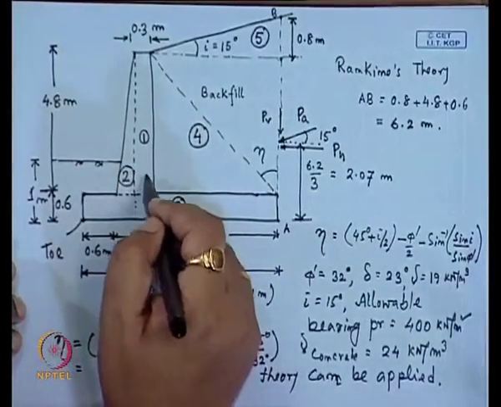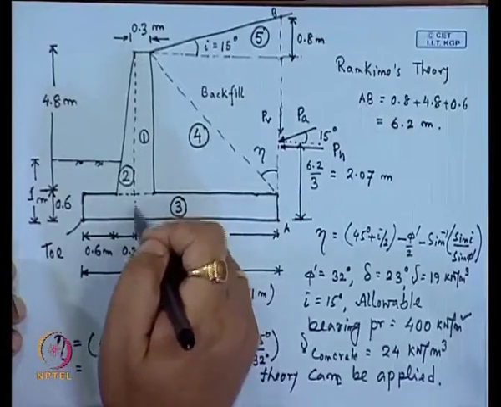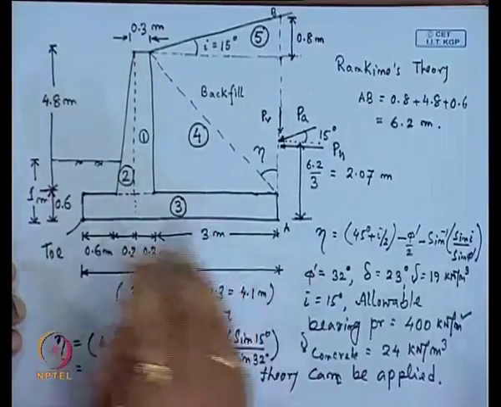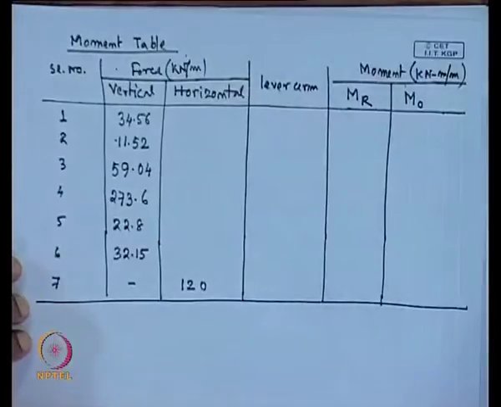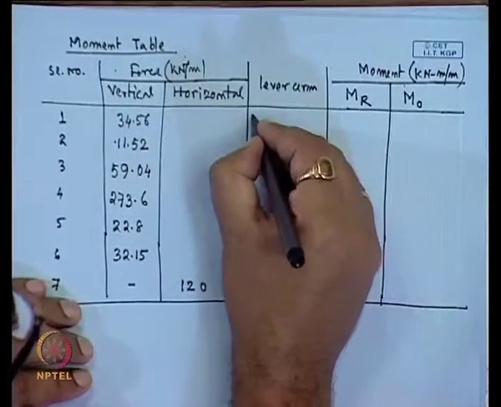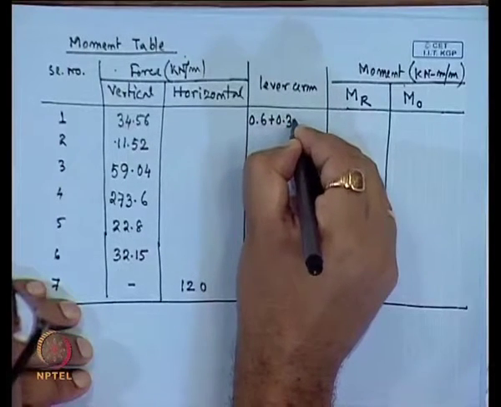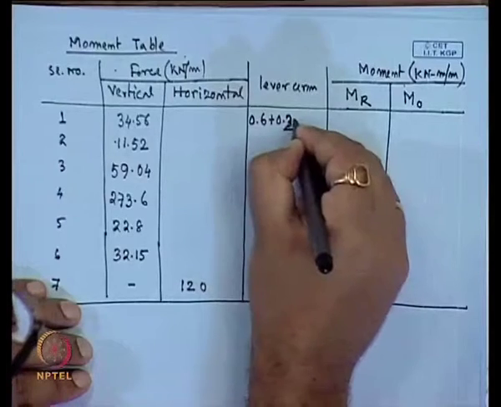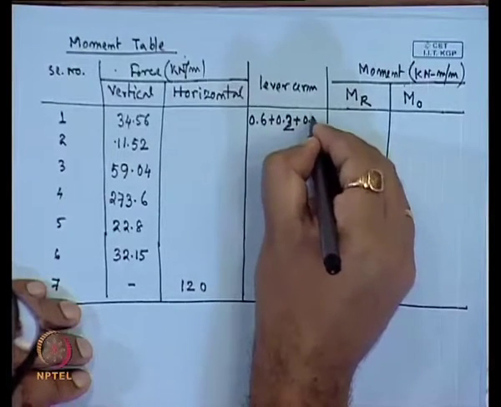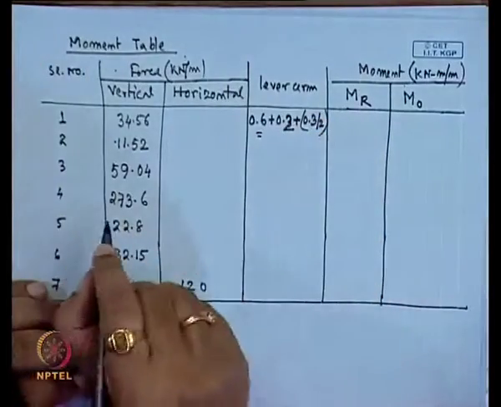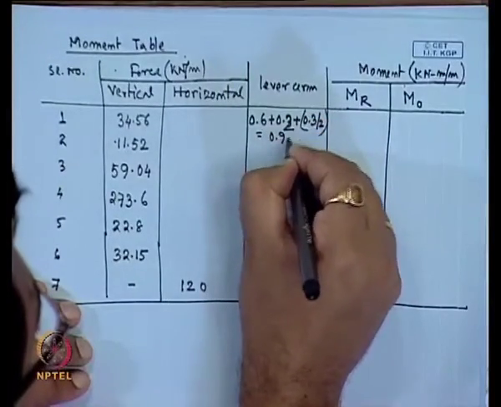Writing it in this form, the lever arm for this first segment is 0.6 plus 0.2 plus 0.3 divided by 2. So, this will give us the value 0.95.